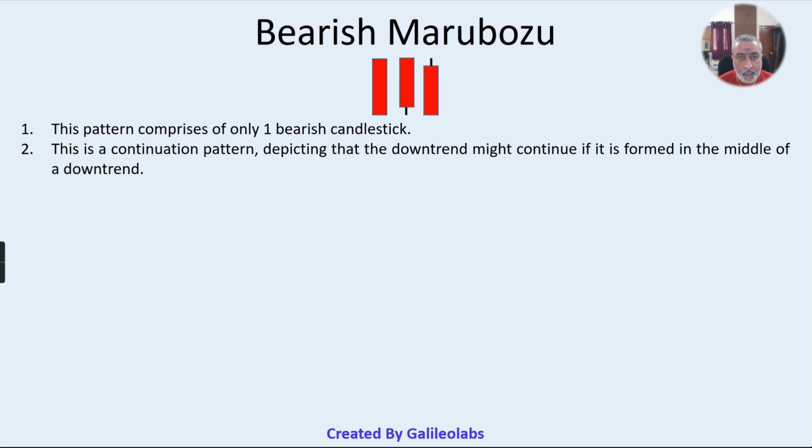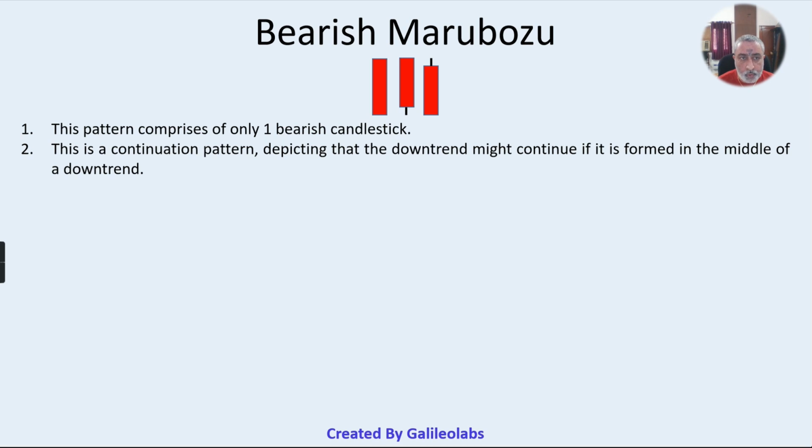This is a continuation pattern depicting that the downtrend might continue if it is formed in the middle of a downtrend. Now, as I have also told you, the bullish Marubozu is a continuation pattern if it falls in between an uptrend.